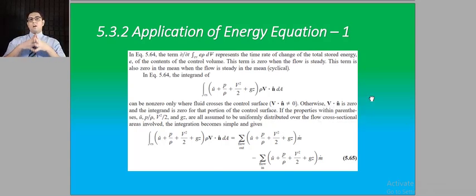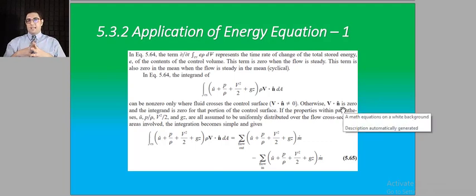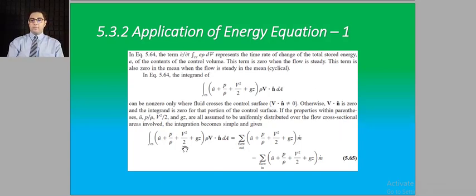Like any other steady state that we have already covered, when we have a steady state, the control volume term, which is time dependent, is going to be omitted. The same story happens here.